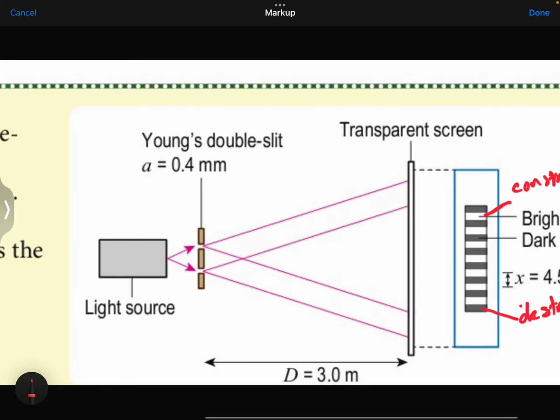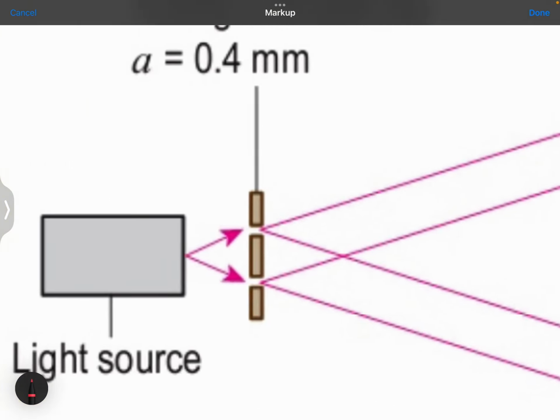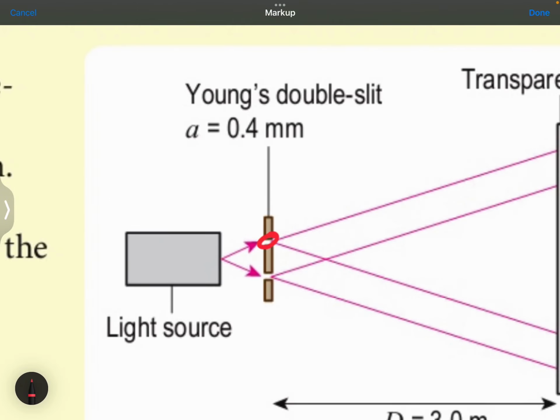Now this is the source of light, and then you have Young's double slit. Double slits here, there are two very small openings where light can pass through. And the light waves here are coherent because they come from the same light source.